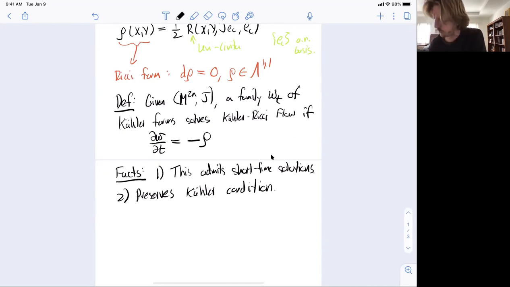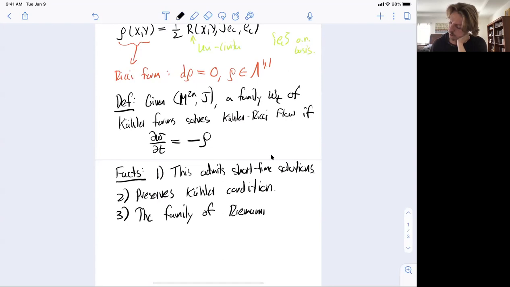It's trivial the way that I wrote it, because I already said it was a one parameter family of Kähler metrics. But in any case, third, the family of associated Riemannian metrics satisfies just the usual Ricci flow.